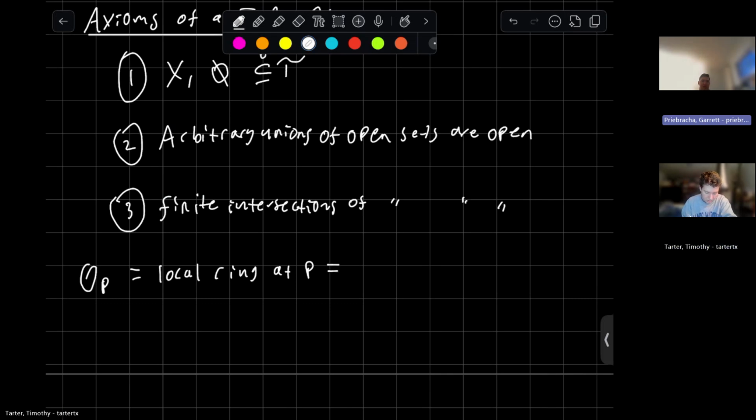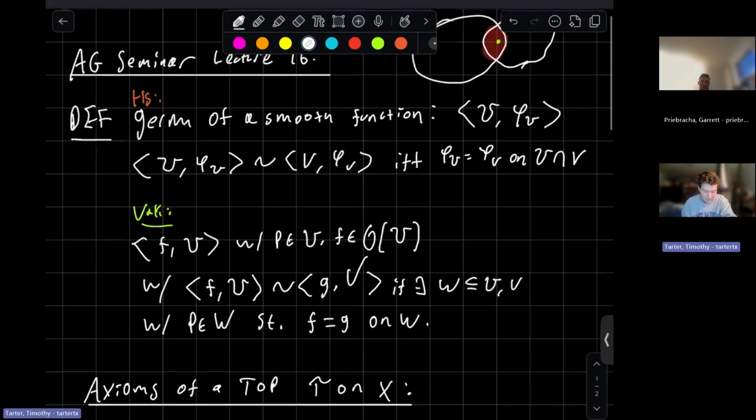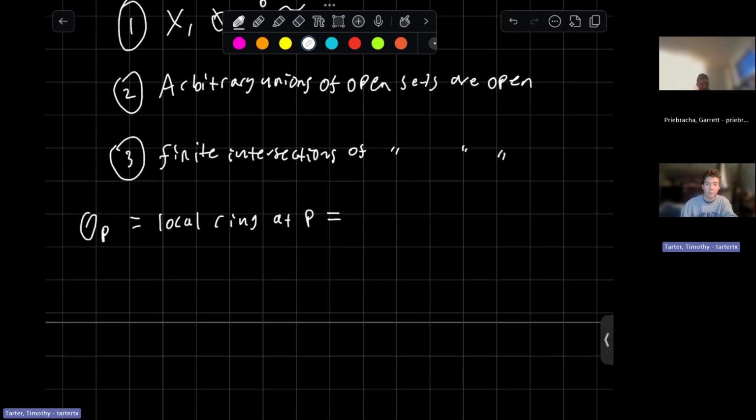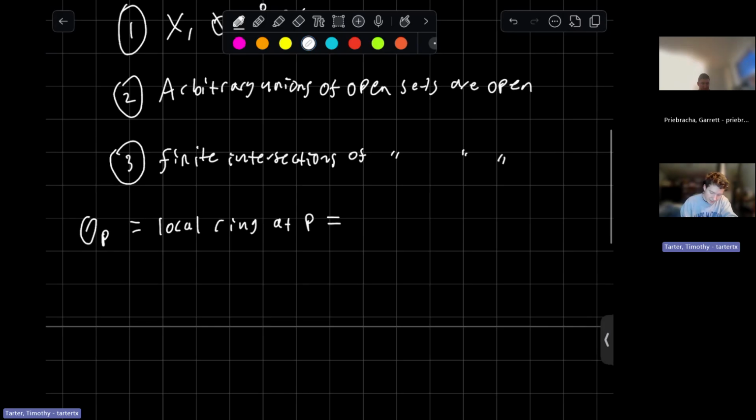It's the script O, for the ring of either smooth or regular functions, depending on your preference. Okay. So the local ring at P is equal to the stalk of germs at P.